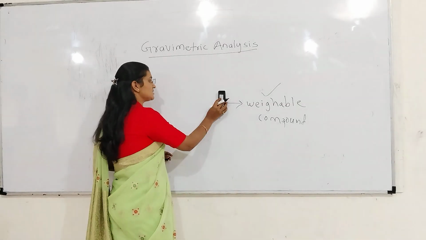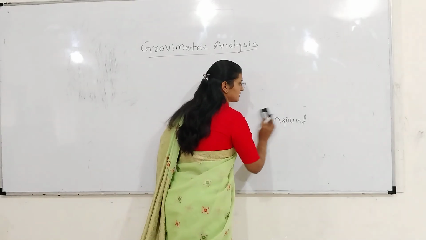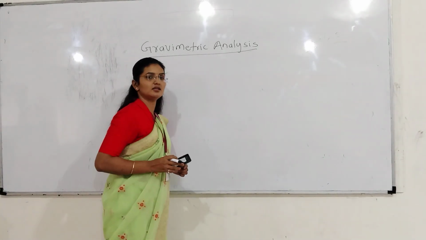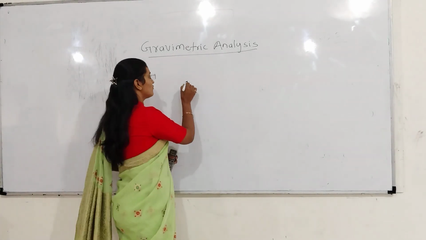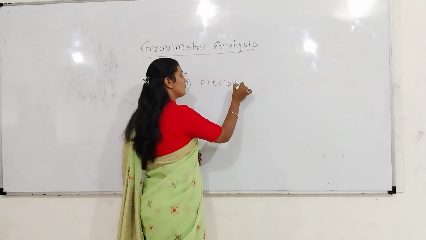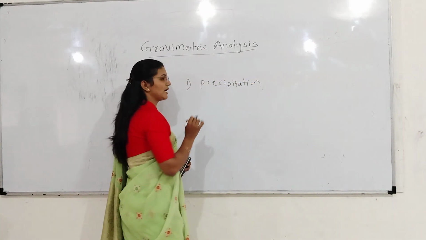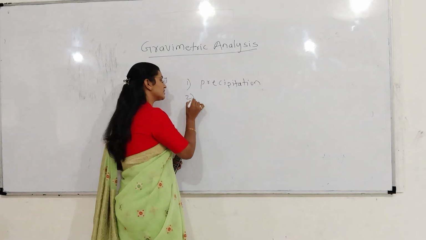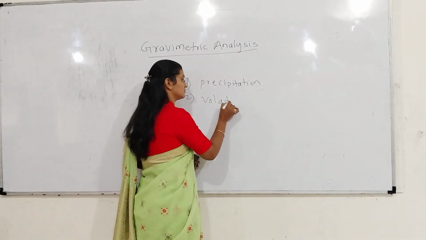In gravimetric analysis, there are three main methods. First one is precipitation. Second method is volatilization.